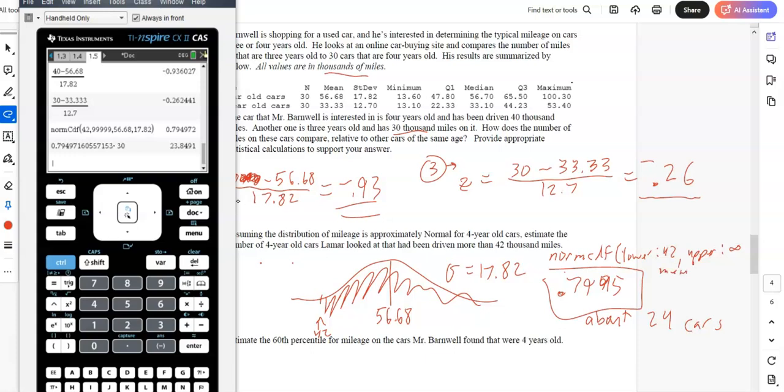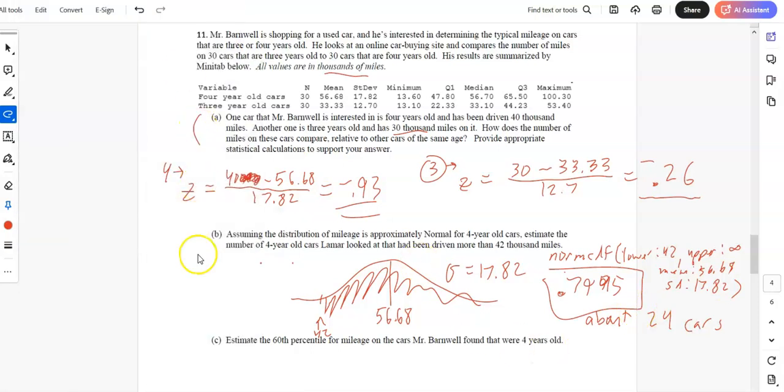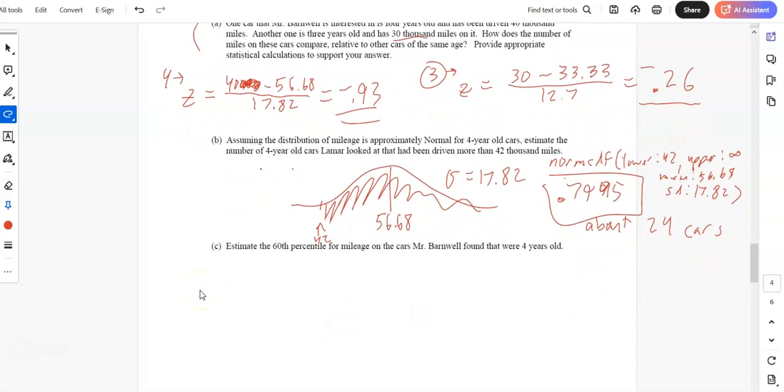The mean was 56.68, and the standard deviation was 17.82. So showing that work is great. We love to see a little sketch there, but a sketch is not necessary if you don't have to.